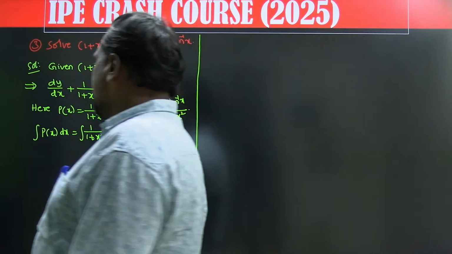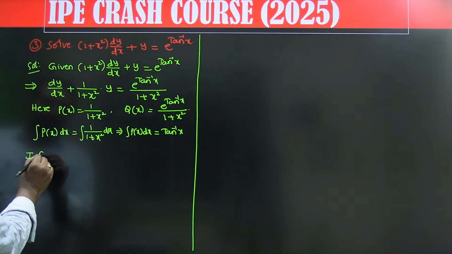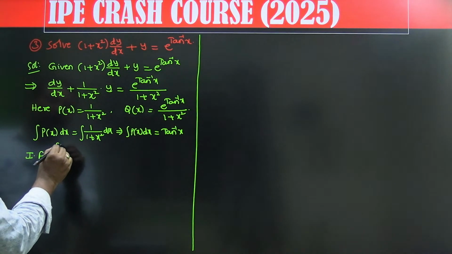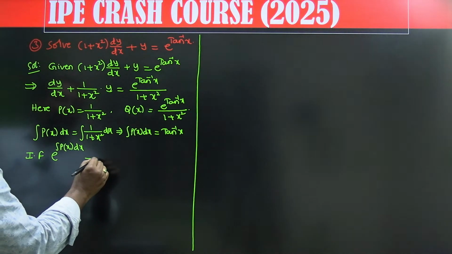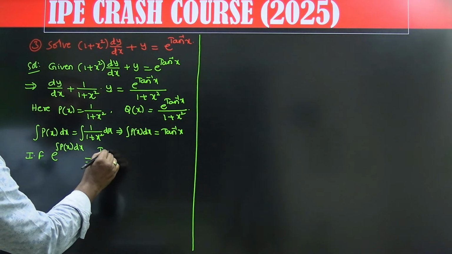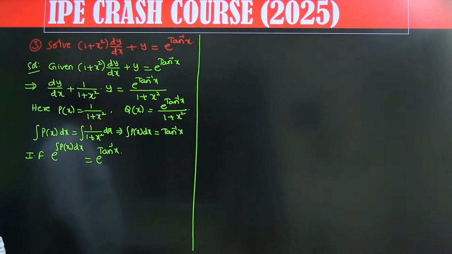Now if you write the integrating factor, e power integral p of x dx, this becomes e power tan inverse x.